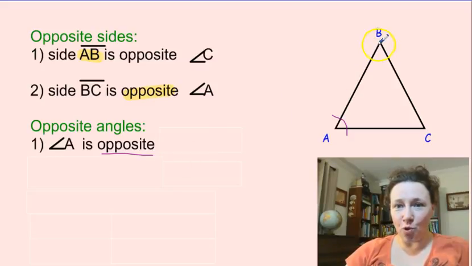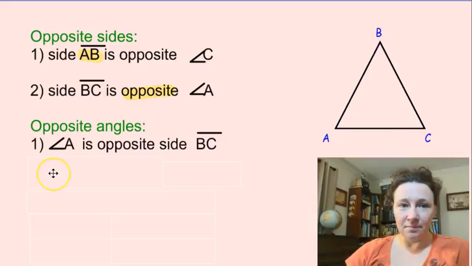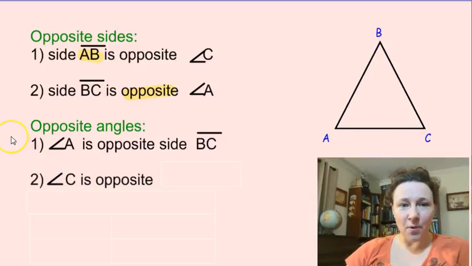That means that it could not be side AB and it could not be side AC, because both of these sides are simply growing from the vertex. For that reason, my answer has to be side BC. Okay, this question is for you. Pause the video, write your answer in your notebook. Okay, angle C is opposite side AB.